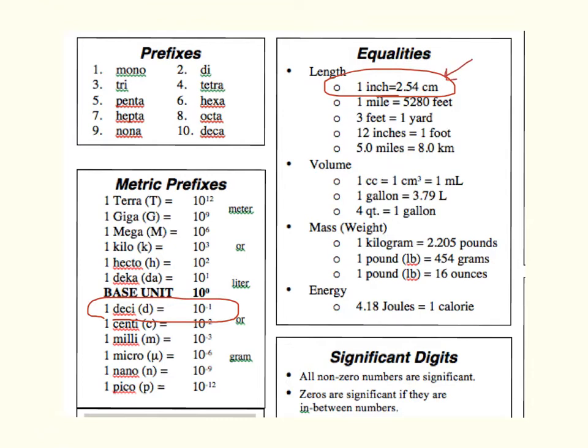Now that centimeters means that's our jump from metric to inches. So we're going to have to look down here at what a centimeter is in terms of meters as well. We're going to need to know that a centimeter is 10 to the negative 2 meters. So I'm going to write all these down.